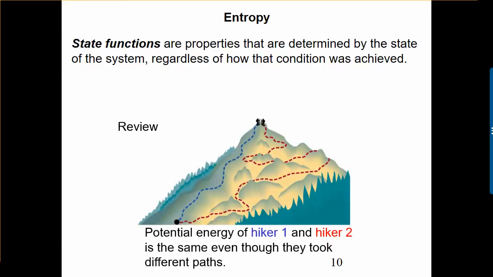This one goes from here up and reaches the top. Final minus initial, and I can describe the change in the entropy. This guy goes like this. Final minus initial, and I describe the entropy. Both of them have the same entropy.